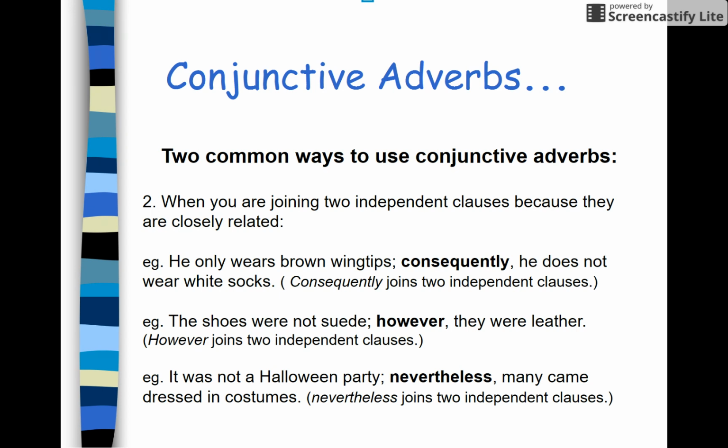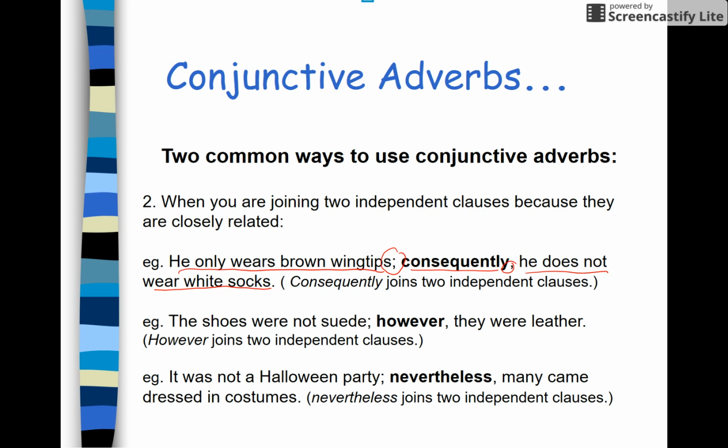So the two ideas are connected. We have our first independent clause here and our second independent clause, but we want to show that they're connected. So there needs to be a semicolon here, then our conjunctive adverb, comma, then our second independent clause. It's the same thing with our following examples.